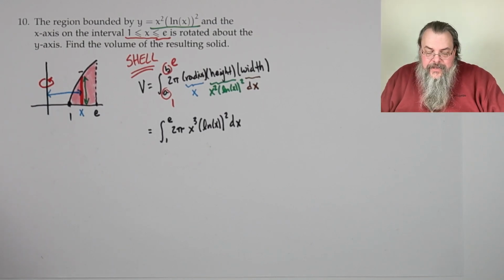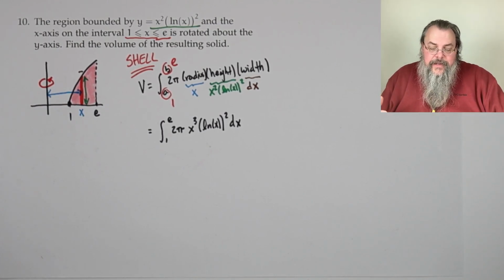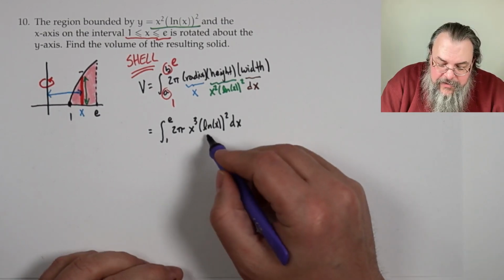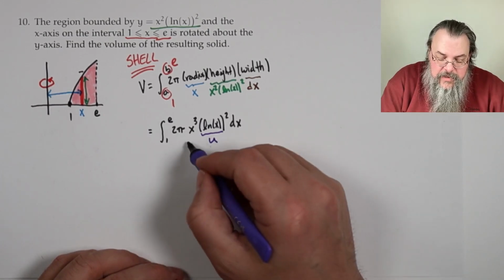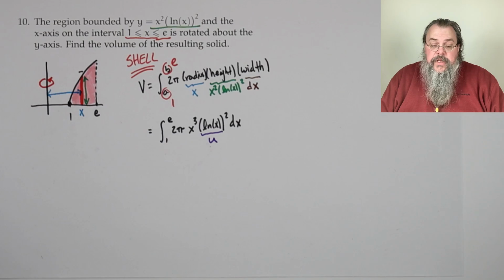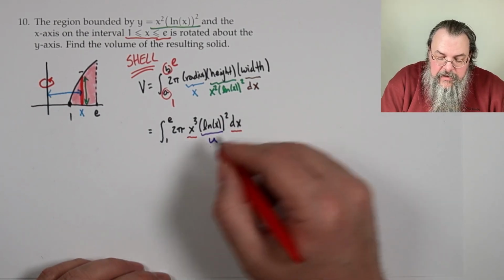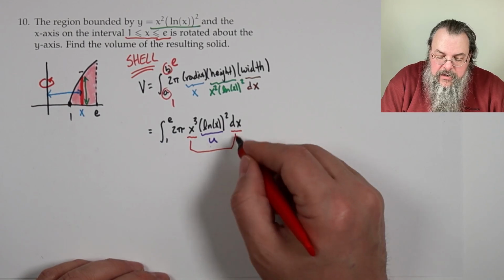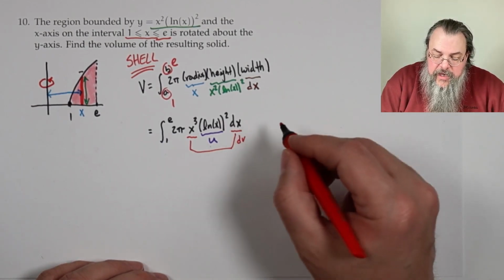And looking at this, let's make the part that's hard to integrate the thing we differentiate. So the natural log of x quantity squared, that's our u, which means that the other part, the x cubed, is going to be the thing we integrate. So this x cubed dx is going to be our dv. All right, so let's make some notes to the side here.